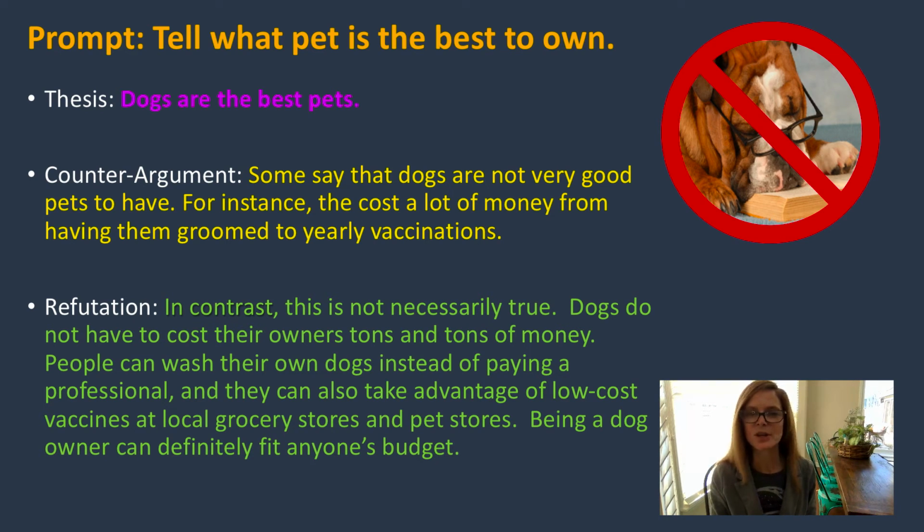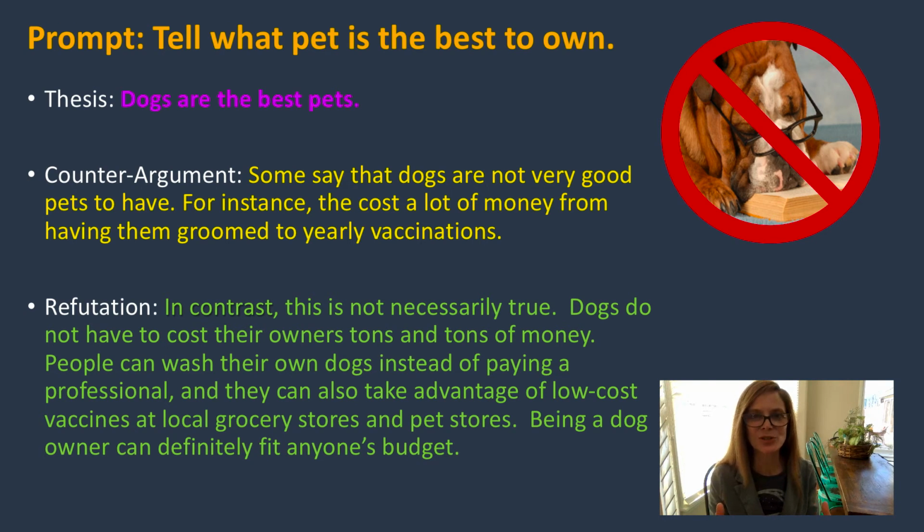Well, you showed why people don't think having a pet is the best, and then you gave a specific example. You talked about costing a lot of money. So, in your refutation, your job is to show what?